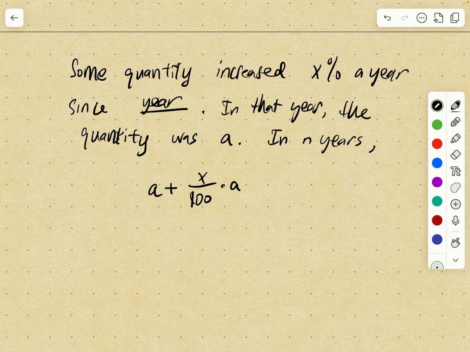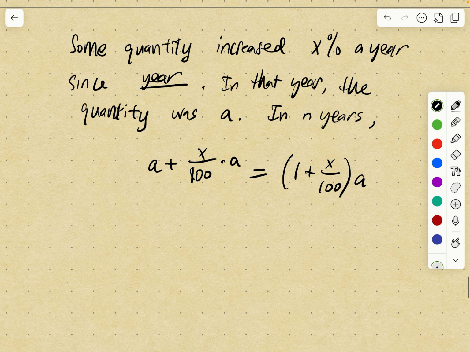Each year, you're increasing by X over 100 times the previous amount. So this is going to be 1 plus X over 100 times A after 1 year. Then this is going to be the amount.